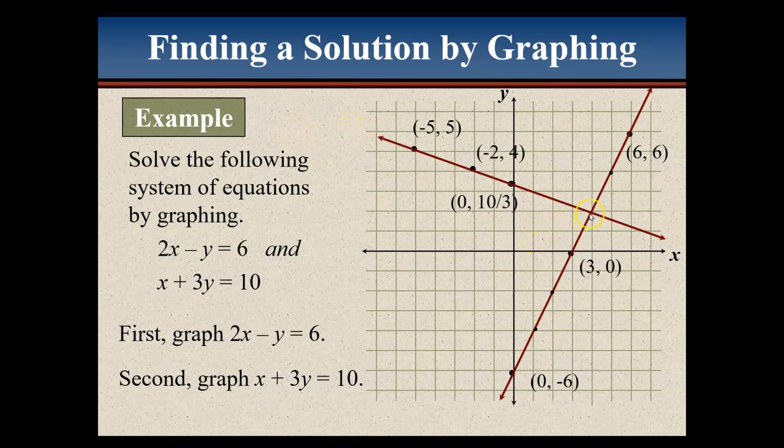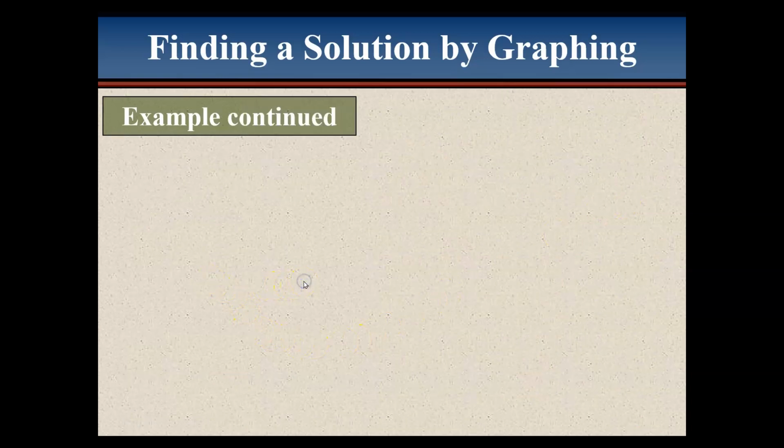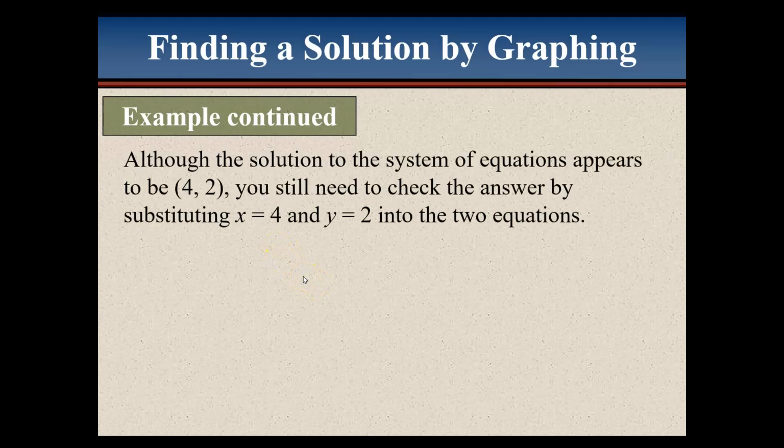So if we look at this, it looks like they cross at (4, 2). So that would be the possible solution point. But we need to take this point (4, 2), substitute it back into the equations to see if it is the solution. So we're going to take x equal to 4 and y equal to 2 and plug it into each equation.